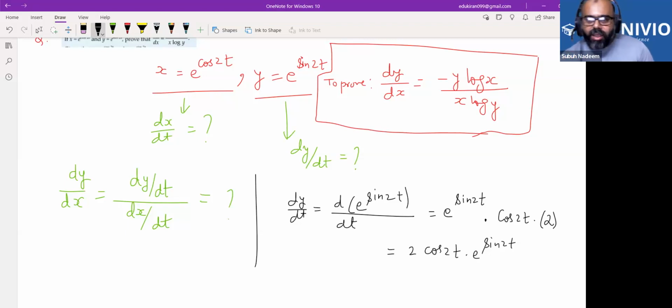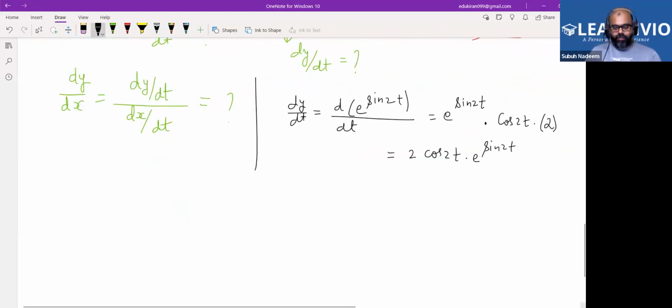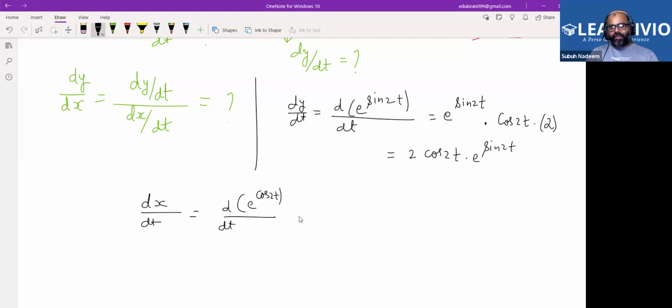Similarly, if we differentiate x, so what was x? X was e to the power cos 2t, and you need to differentiate this. So differentiation of e to the power cos 2t, since it is an exponential function, will again be e to the power cos 2t, and further differentiation of cos 2t will be minus sine 2t, and differentiation of 2t will be 2.